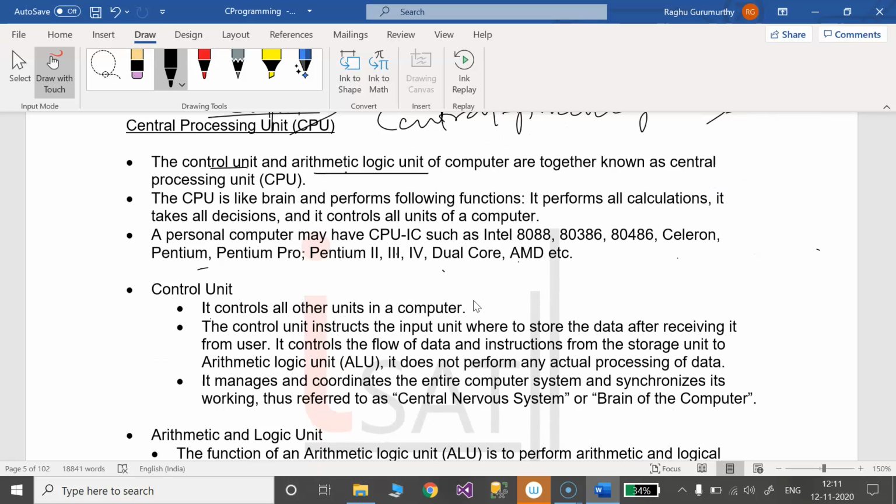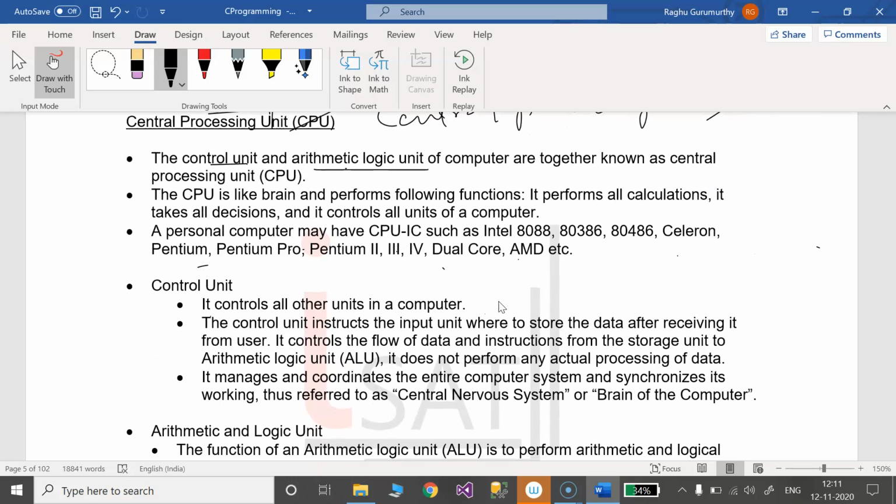See, some adjectives say the CPU is the brain of a computer, of course. So what functions will it do? It will do all the calculations, it takes the decisions, it controls all units of a computer. First thing, it will do calculations. Later, some decision making, which one we need to do, which one we need to skip. Later, it controls all units of the computer.